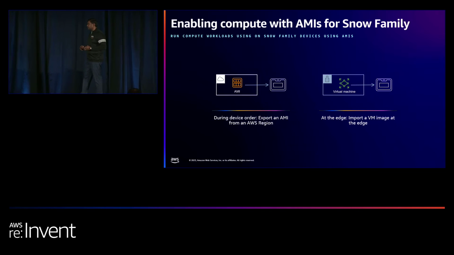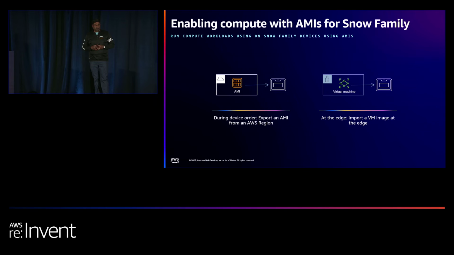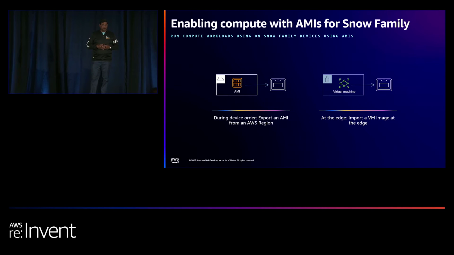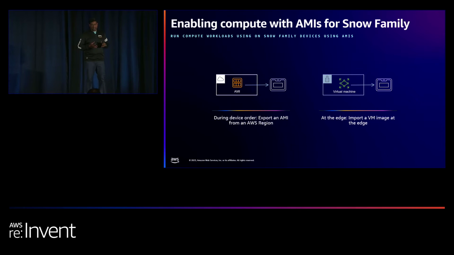So we talked about the different workloads that you can run on AWS. So how do you get your applications onto the Snow device? For your virtual machines that maybe were developed at the edge, not in AWS, there are two approaches you can follow. One is you take your virtual machines and you create an Amazon AMI running on EC2 in region.